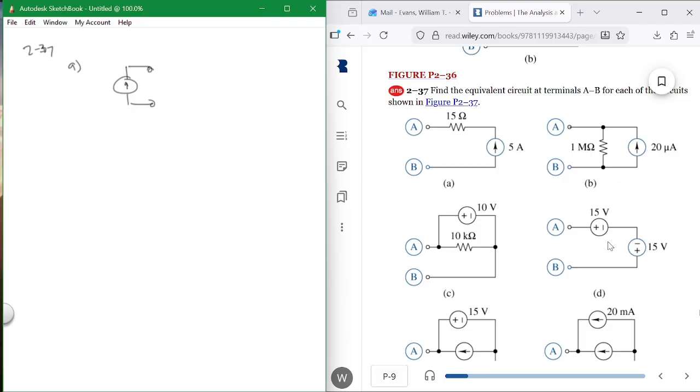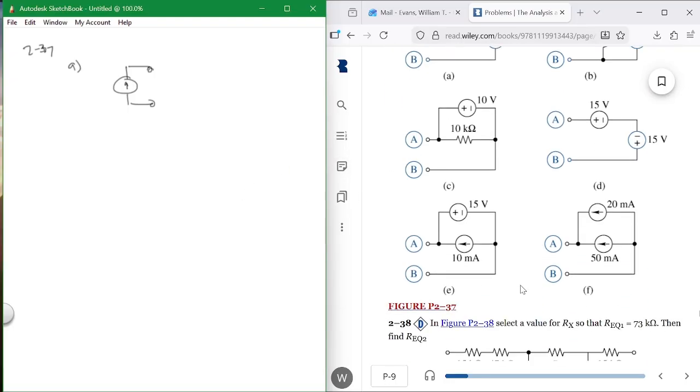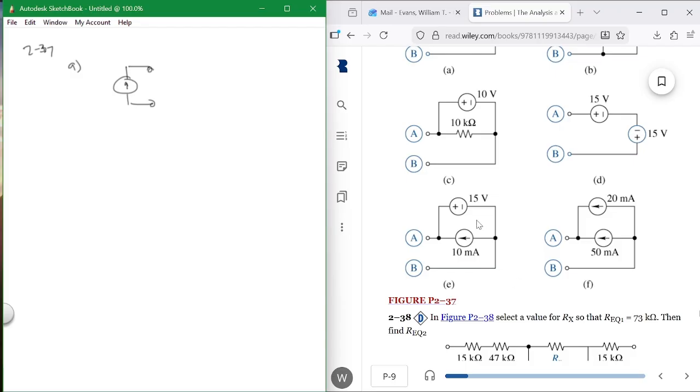They cancel each other out. What about this one right here? Voltage supply goes away. What about this one right here? They add together. I'll let you figure them out.